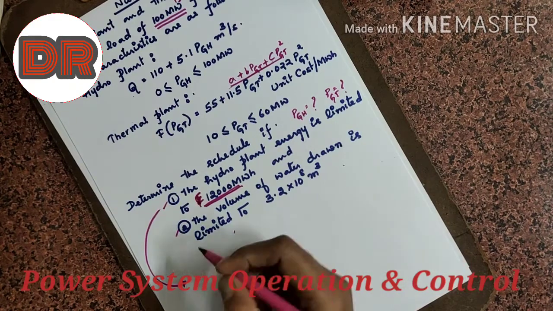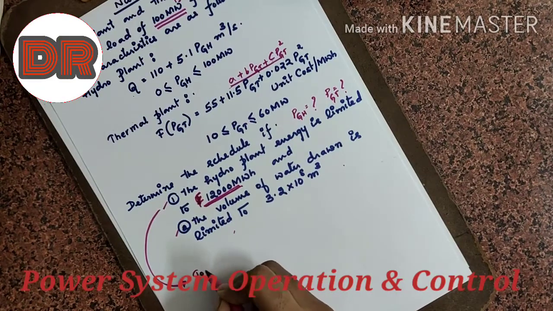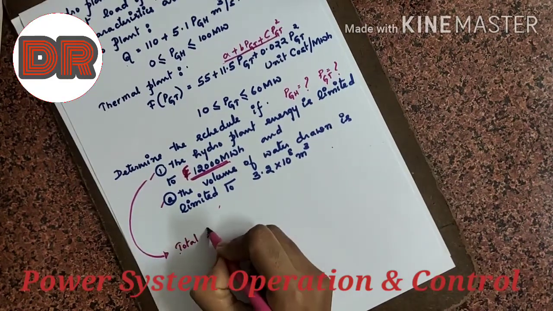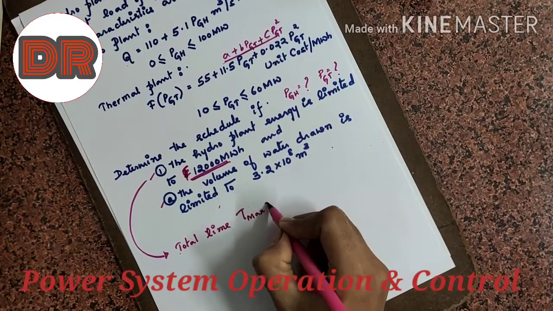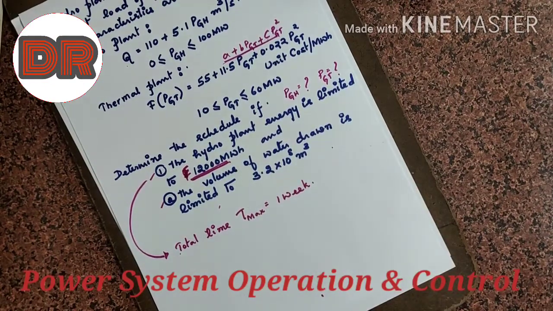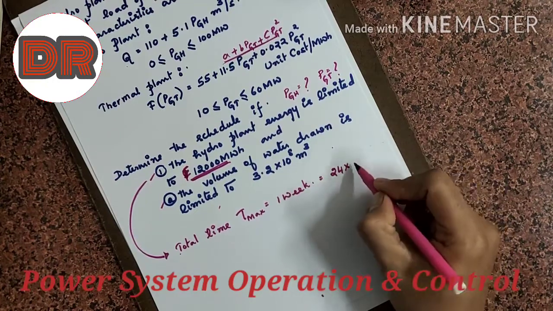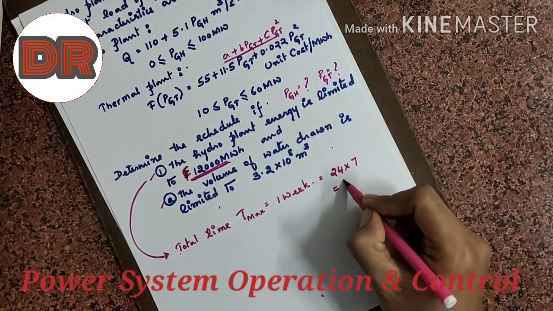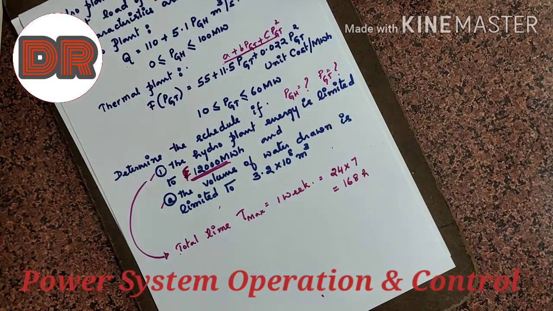From the given data, the total time T max is known, which is 1 week. Let me convert it into hours: 24 into 7 days in a week, which gives 168 hours. That is the T max value.